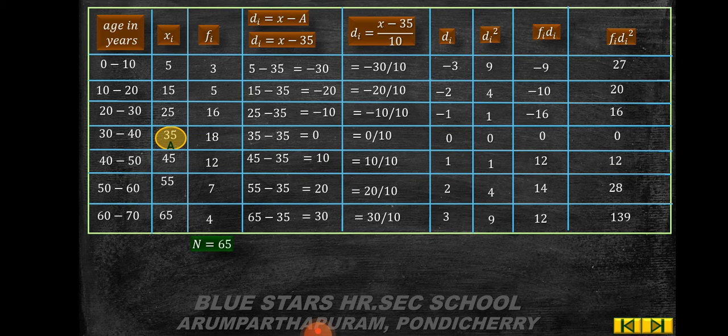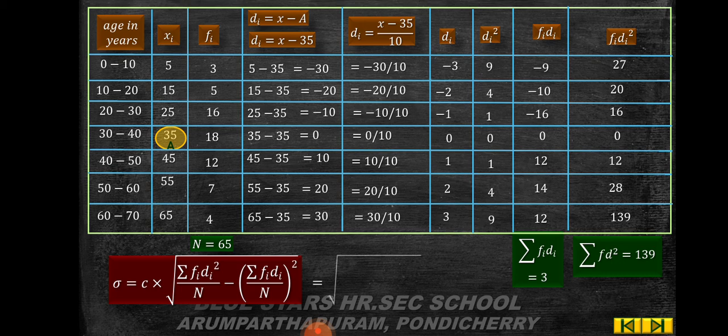So capital N is equal to 65. Summation Fi di is equal to 3. Summation Fi di square is equal to 139. The last entry in the tabular column, 4 9s are 36, that is not 139, that is the summation Fi di square value.